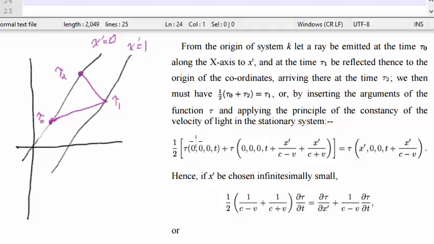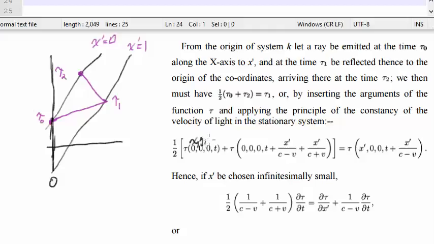Alright, so the math doesn't say exactly the same thing as the text, so I'm going to have to modify this so that we have that origin at the same place. Because I'm assuming this is tau of x, comma, y, comma, z, comma, t.